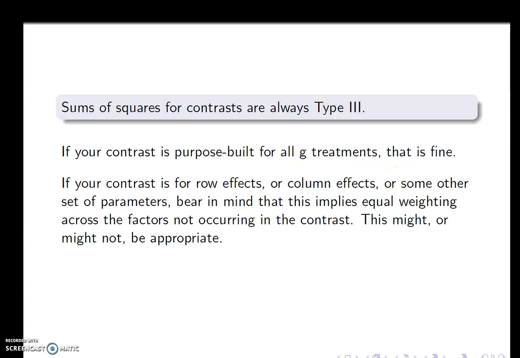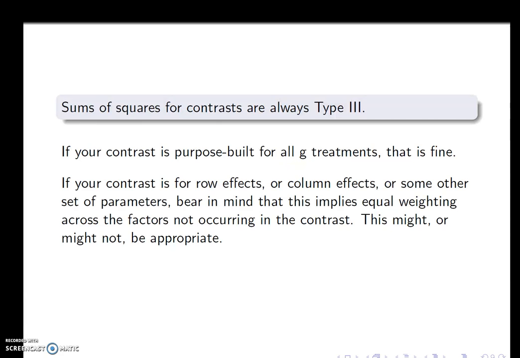Okay, a few more things for factorial designs, particularly with a focus again on the unbalanced cases. When we have sums of squares for contrasts, they are always, for any scenario, type 3. If your contrast is built for all G treatments, that's fine.